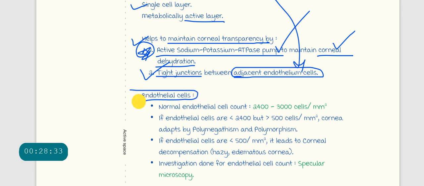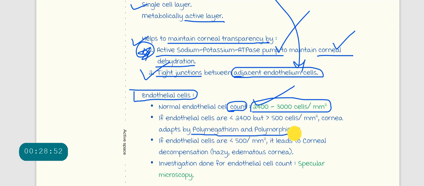Then there is an adaptation mechanism known as polymegathism and polymorphism. Note, these are the two adaptive mechanisms.